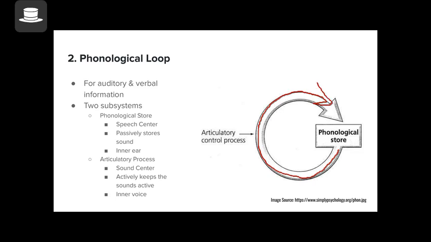So the phonological loop has two structures: the phonological store, which passively stores information, auditory or verbal, and the articulatory control process, which actively maintains the stored information. And in the next slide, we'll talk about some phenomena related to the phonological loop, related to the articulatory process and also the phonological store.